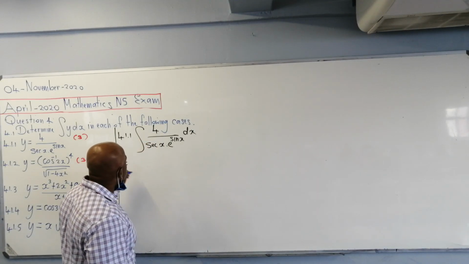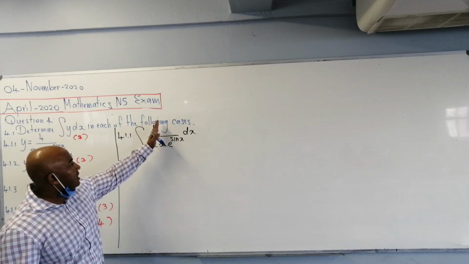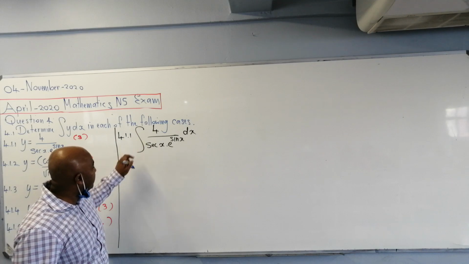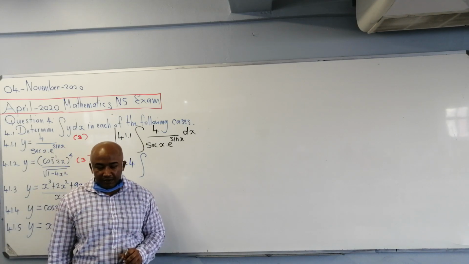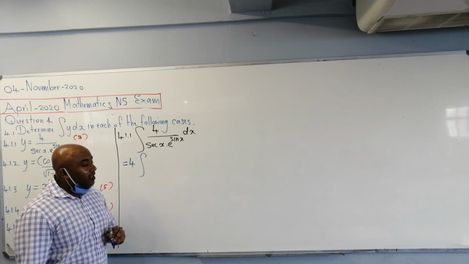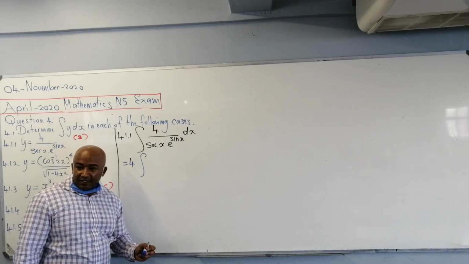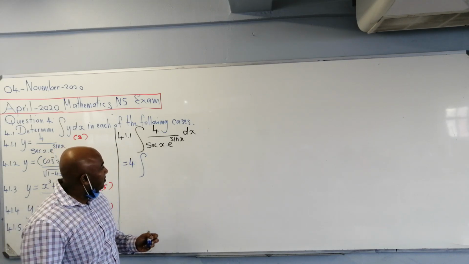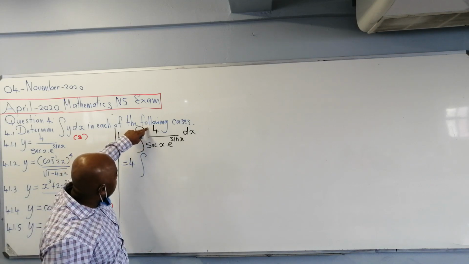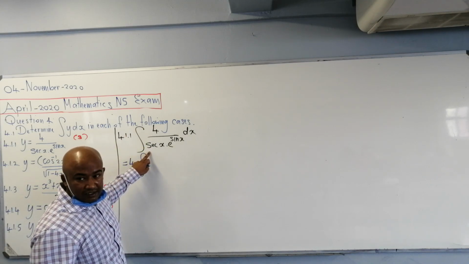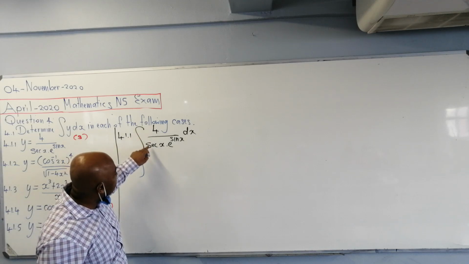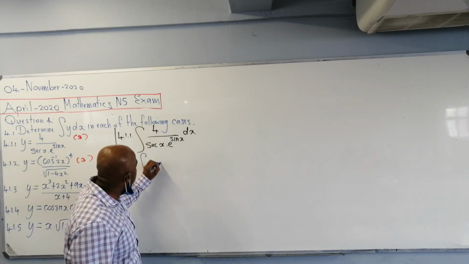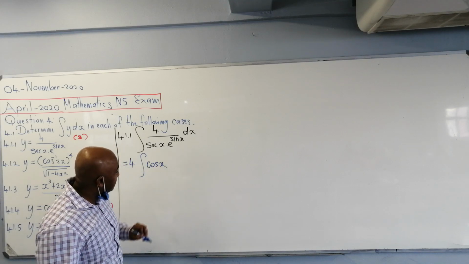Any constant that you have, multiply it by the number in front and leave it there. That's your form. Now you need to know your trigonometry here, otherwise you're going to have a problem. This is 1 over sec. So these are your reciprocal identities: 1 over sec is the same as cos.